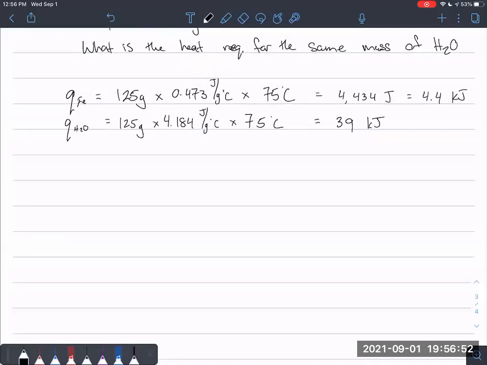The reason that we can do this is because if we take a block of metal and heat it up and place it into some water, the heat lost by the metal will equal the heat gained by the water. And this is the basis for a technique that we use called calorimetry.